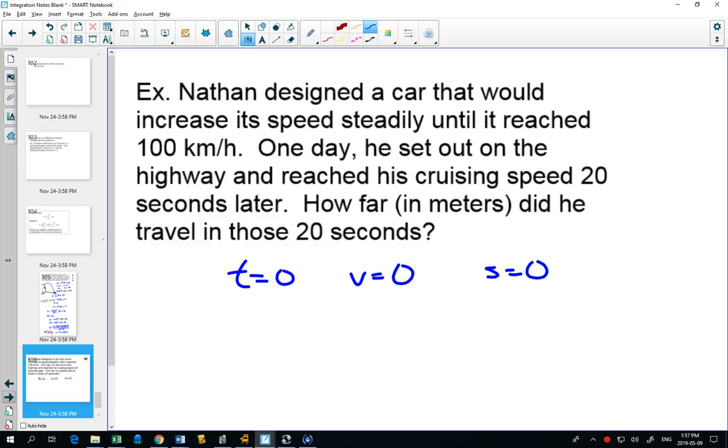Those are the things we know at time equals 0. At time equals 20 seconds, the velocity will be 100 kilometers per hour. And we want to find out what S is at that time.